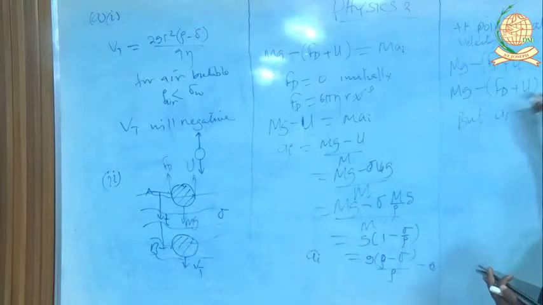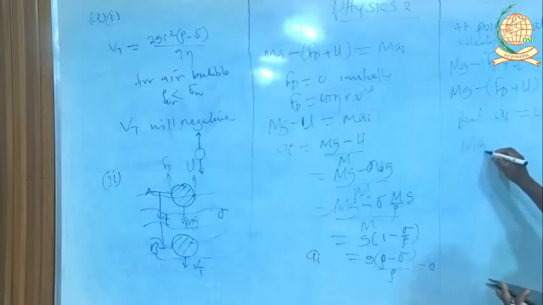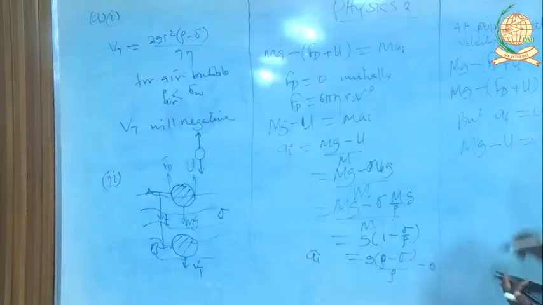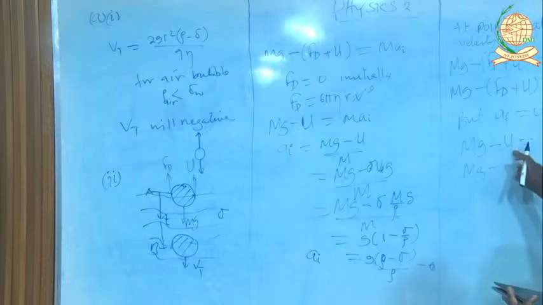So what will happen? It means mg minus u equals fd. As I said, this is equal to m. This is the upthrust.